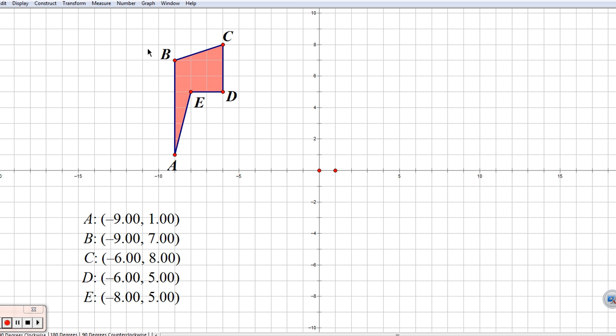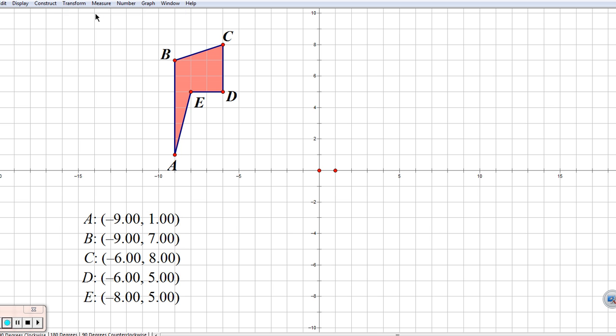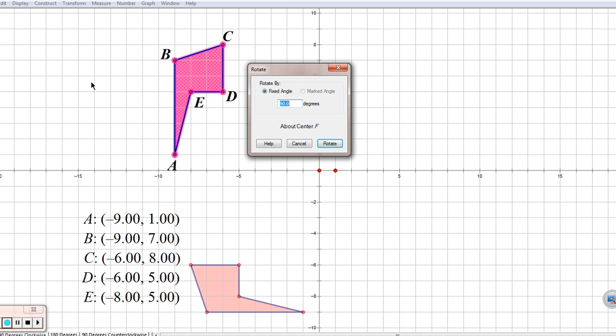Alright, I have my original image, or my pre-image rather, and this time I'm going to mark the point 0,0, otherwise known as what? The origin, and I'm going to mark that as a center this time. Now when I select my entire shape, I'm going to go up to transform, and this time we're going to rotate.